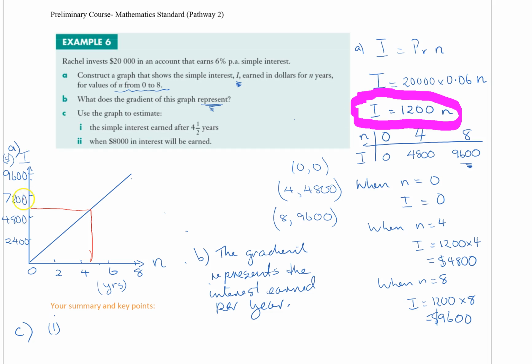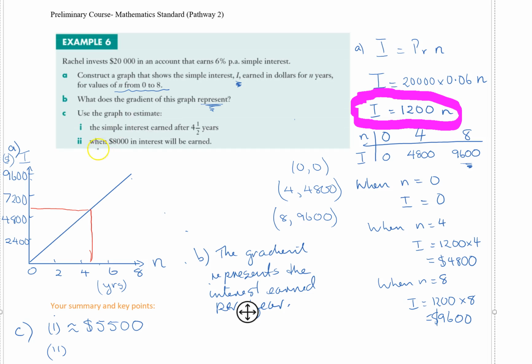Yeah, it's less than halfway between. So yes, I've estimated it to be about 5,500. You can work out where exactly halfway between 4,800 and 7,200 is, and then come back even just a halfway again. So that's my estimation. We could use our formula to find it exactly, but the graph says estimate.